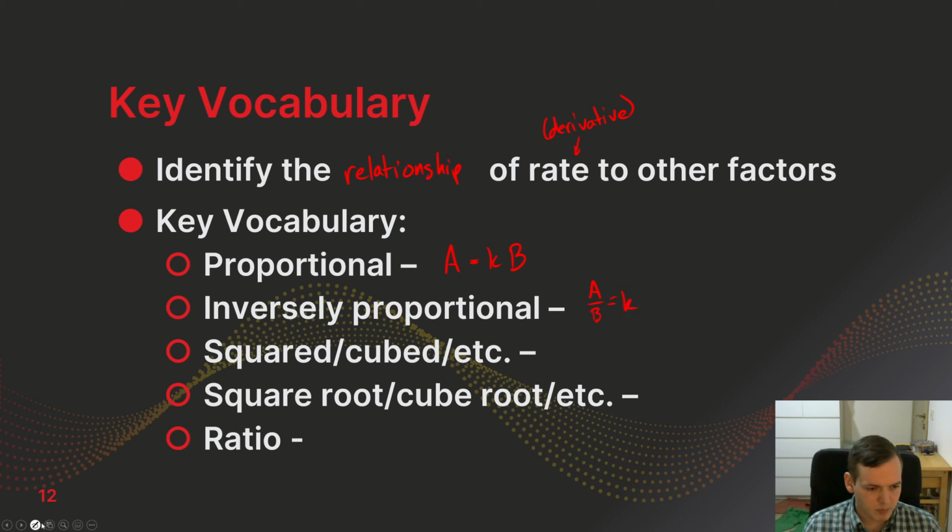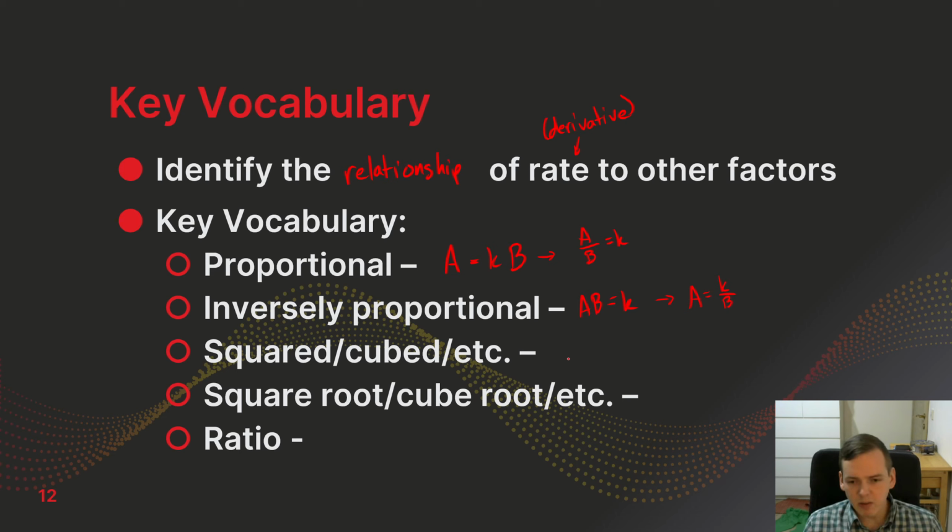It should be A times B is equal to a constant. Or you can write that as A equals a constant divided by B. So if A goes up, B goes down. If B goes up, A goes down. If you want this top one, you can also write this as A over B equals a constant. Because in that case, if A goes up, B also needs to go up to keep the thing constant.